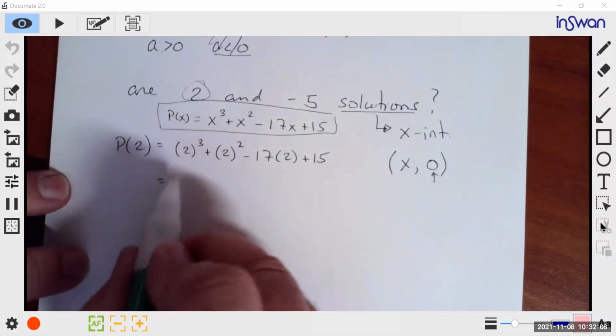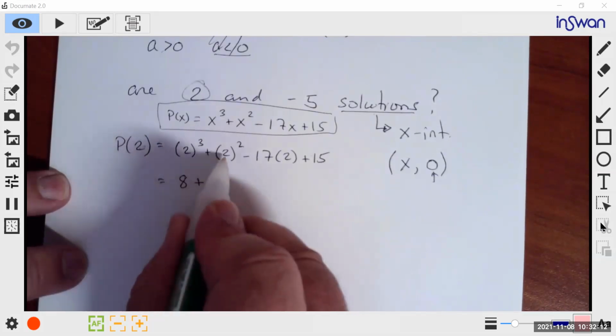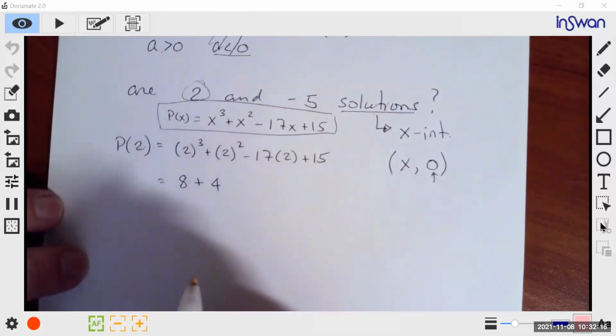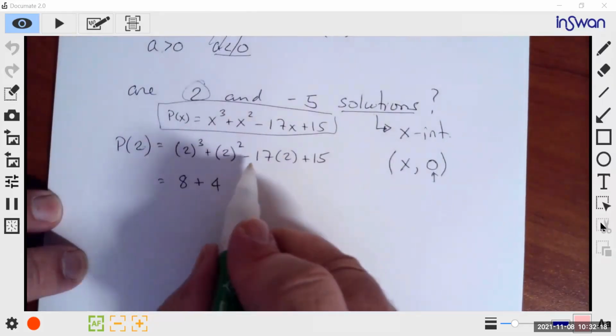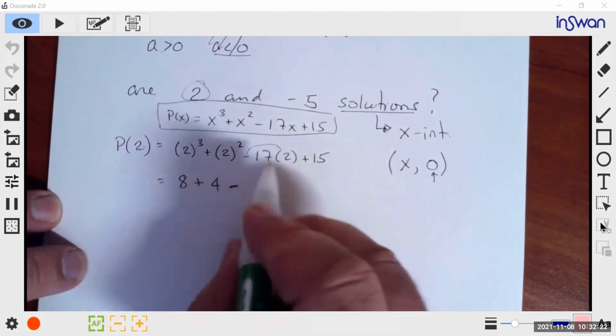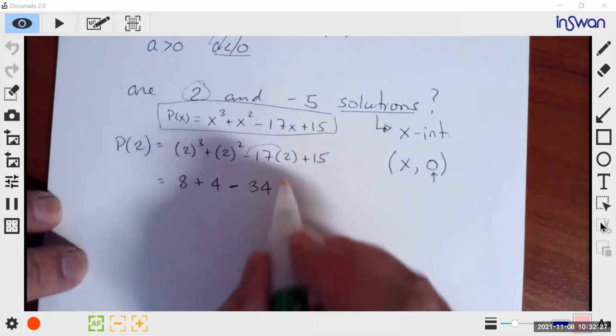2 times 2 times 2 is 8. 2 squared, 2 times 2 is 4. Negative times positive is a negative. 17 times 2 is 34.